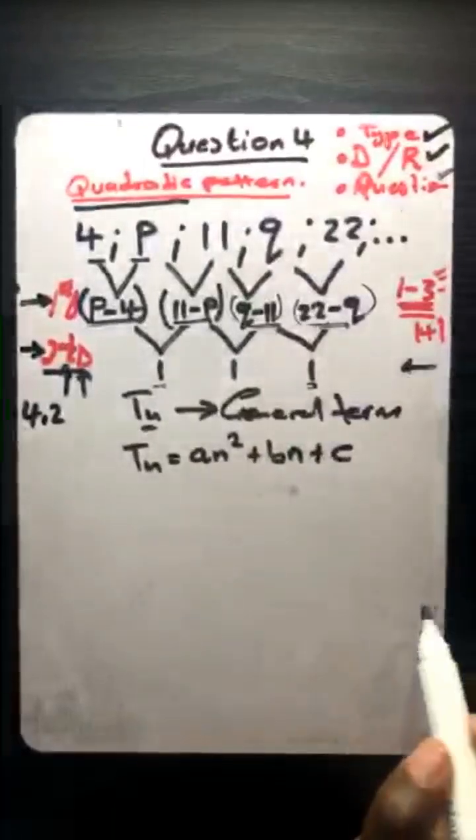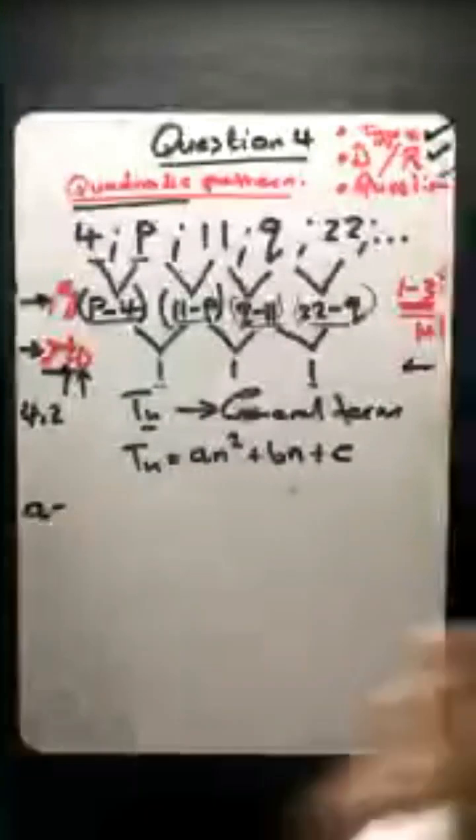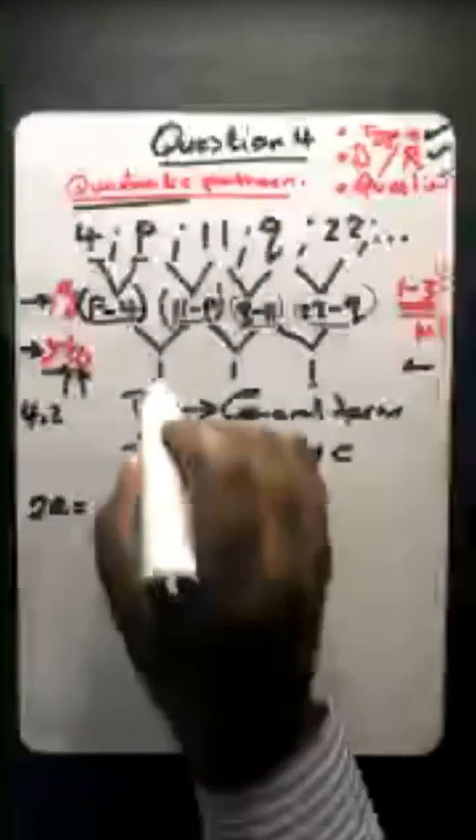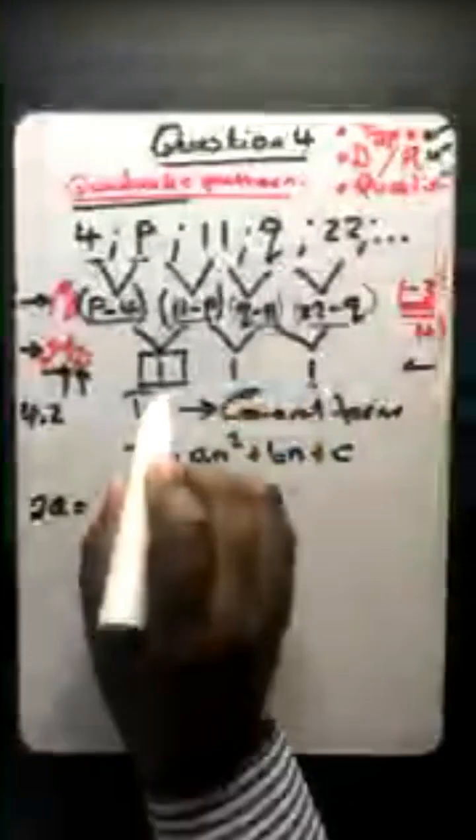Also, we know there's a formula which says 2A is equal to the first term of the second difference. Obviously, in that case, it's equal to 1.